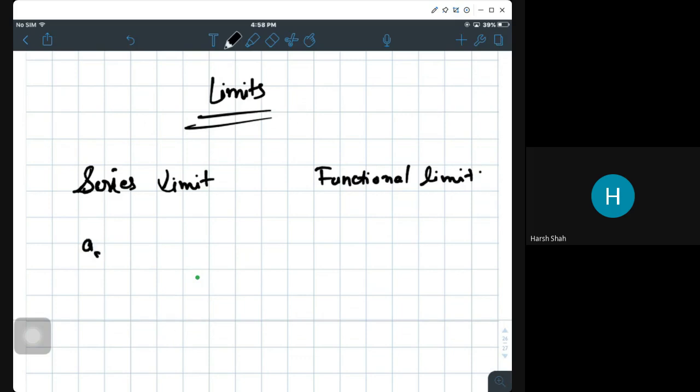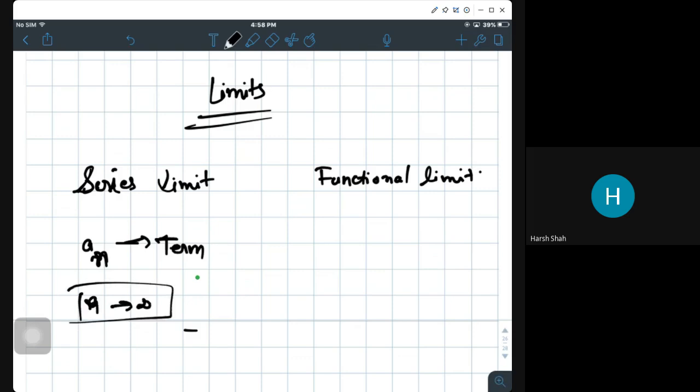A to the power, this is a term, a subscript n, where n tends to infinity. This is a term of your series, and you calculate n tends to infinity. This is your series limit.